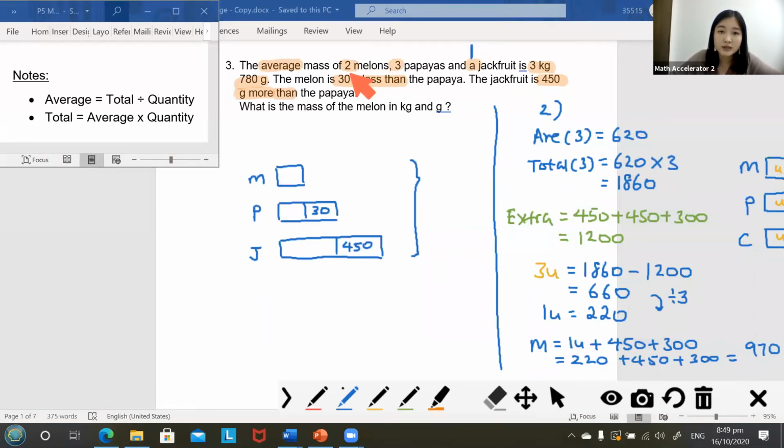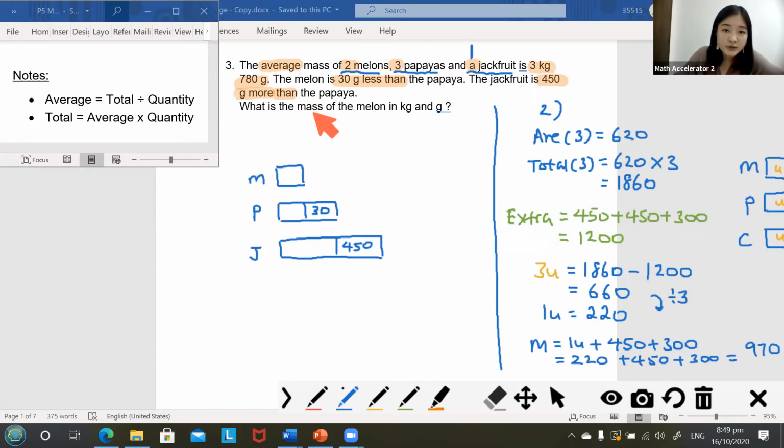We have 2 melons, 3 papayas, and 1 jackfruit. So if you take the average times the total number of items and put it here, it's wrong already because we only have 1 of each here. So what must we do? We have to stack up the model.